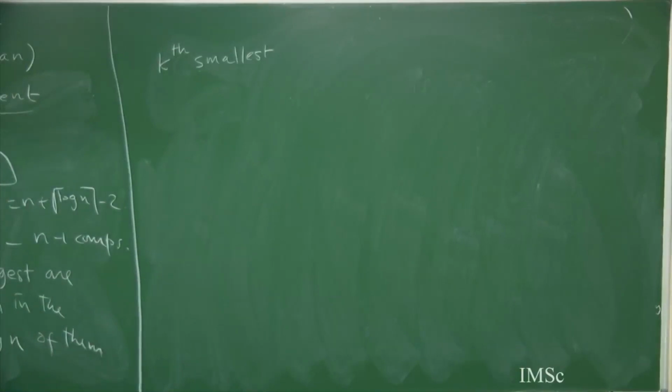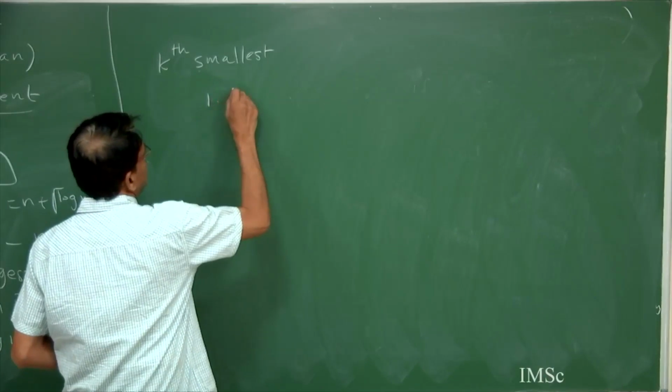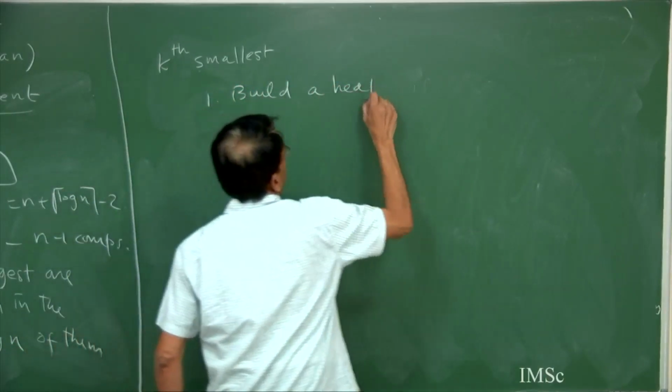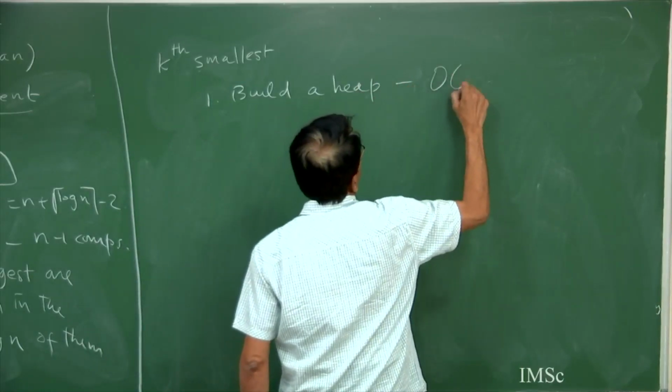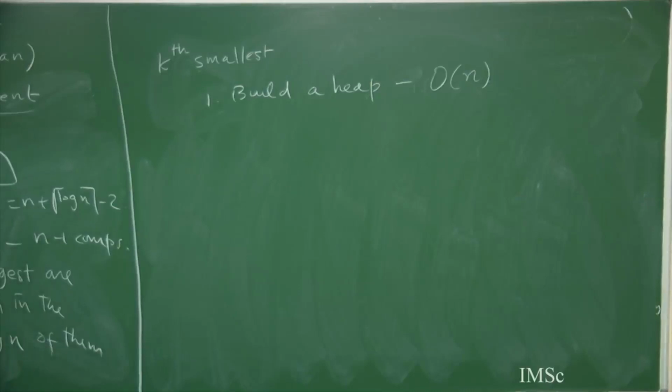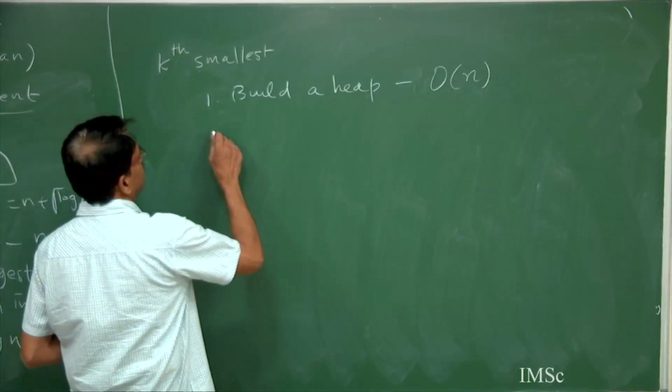A cleaner version of this: you expect that for every other element, you should be able to do it with log n more comparisons. So, what do you do? Build a heap. This can be done in order n time, in fact using at most about 2n comparisons, and then do your k delete-mins.